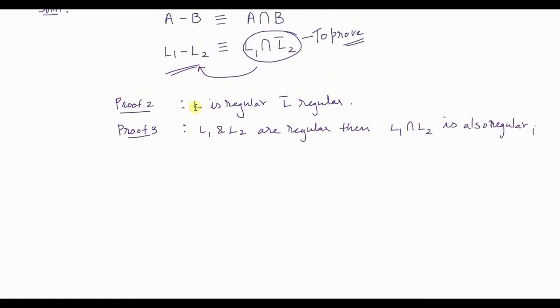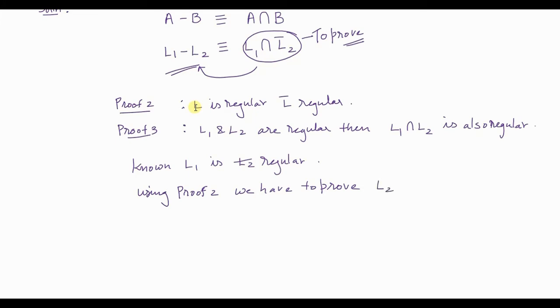Now, it is known to us that L1 is regular. So, using proof number 2, we know that L2 is regular, so we have to prove that L2 bar is regular.